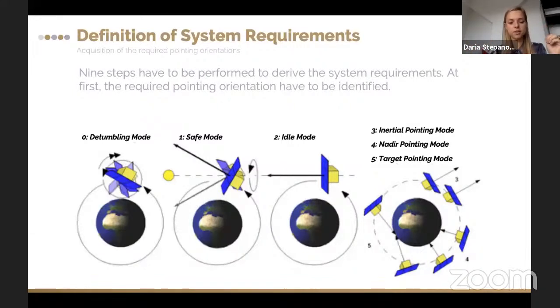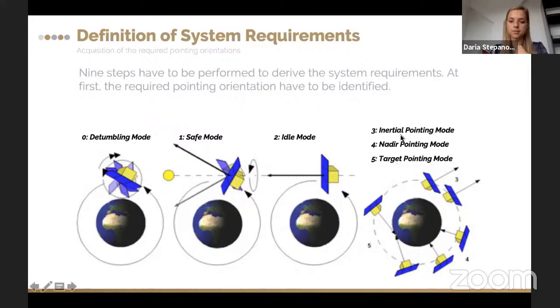Then the safe mode is the mode which will still allow the satellite to be oriented correctly. For example, if there are deployable solar panels, they shall still face the sun. In this case, the satellite can be tumbling, but the mission critical parameters shall be taken into account. Then there are inertial pointing mode, nadir pointing mode, and the most advanced target pointing mode.